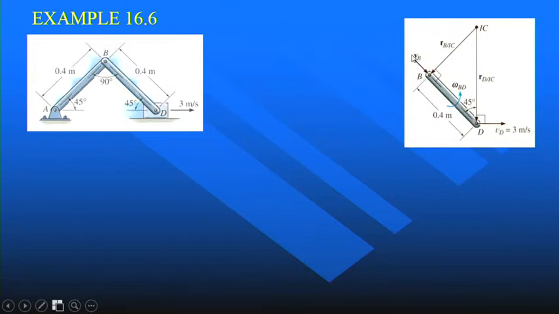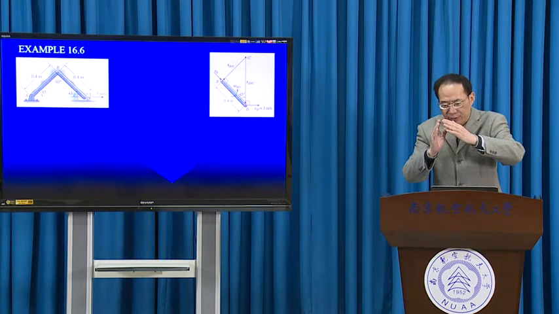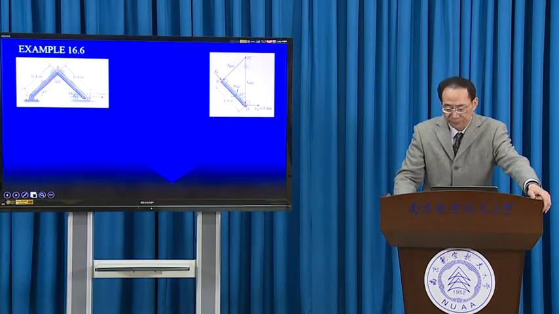In this special instant, because the angle is 90 degrees, the velocity VB is along BD. So we draw the two perpendicular lines of the two velocity vectors. And then finally, we get an intersection, IC, here.